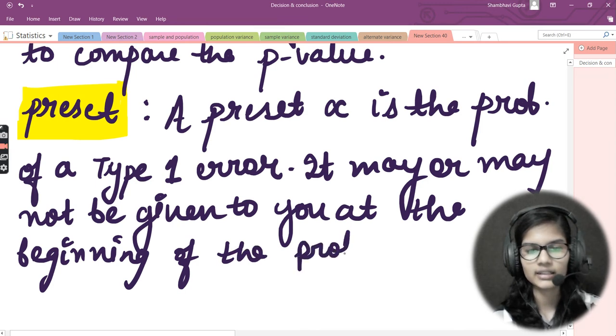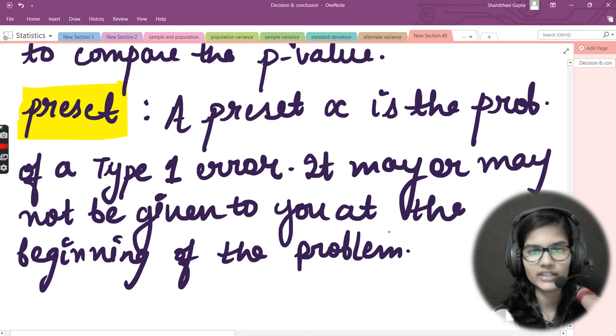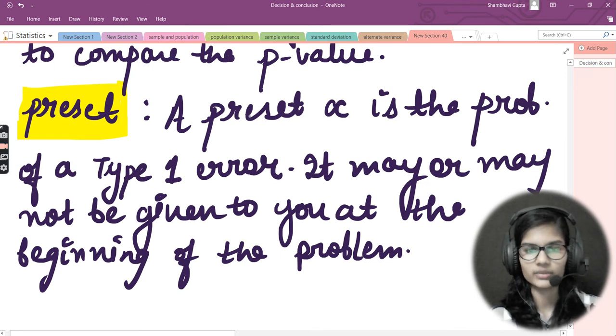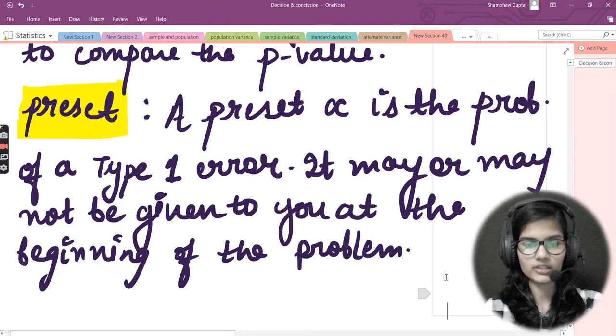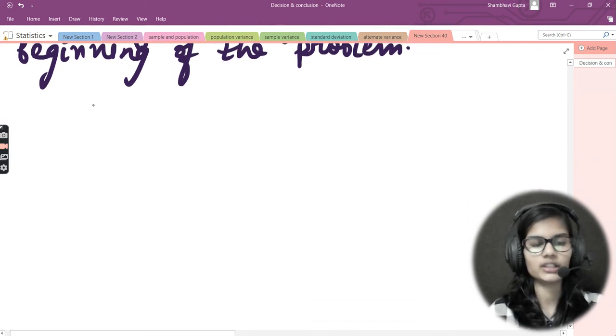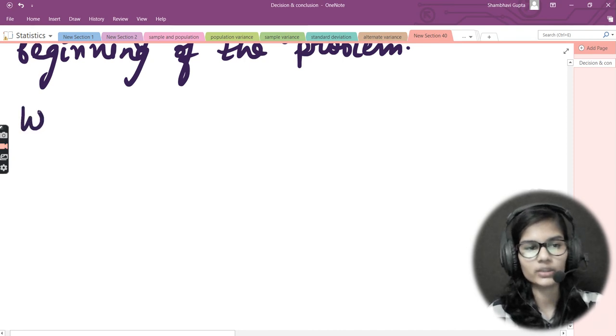So basically the preset which we are talking about is alpha, the probability of a type 1 error, that we actually know. So that probability is also called a preset. The second thing is that it may be given or may not be given to us at the beginning of the question or problem. Now let me put out the ways for making a decision.